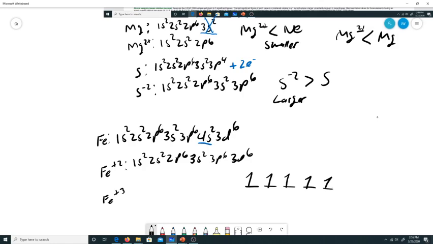You always fill up first, then down. I got 1 more. So if I were to take 1 electron away from the d orbitals here, I'll be left over with 5 orbitals with 1 electron in each of them, all pointing with the same spin. That gives extra stability.